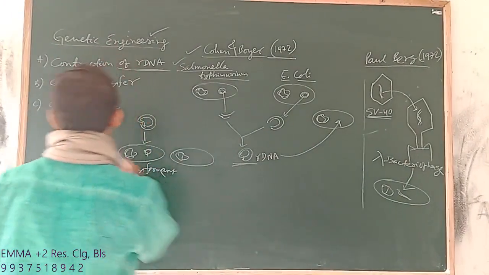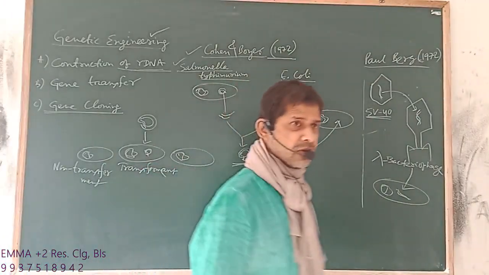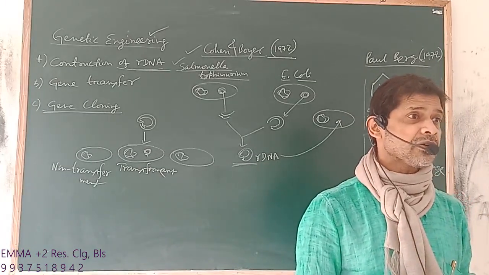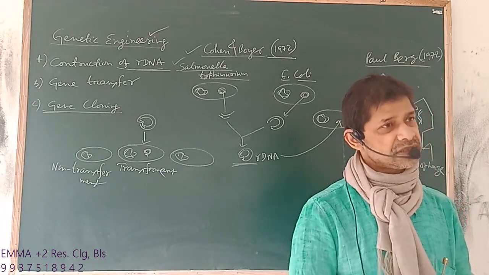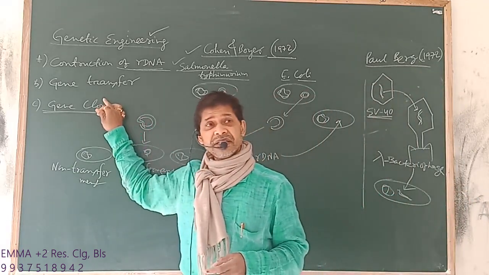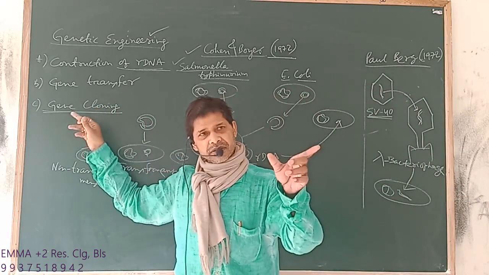Now, today we will discuss gene cloning. Cloning means what? To create multiple copies of an identical molecule. Here our molecule is DNA. So making multiple copies of identical DNA is cloning. A gene is a DNA segment.